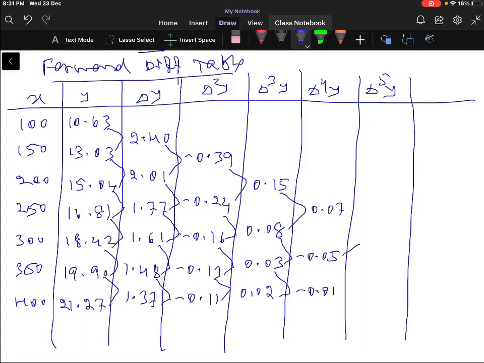Now we have the fifth forward differences. Minus 0.05 minus of minus 0.07, so that is 0.02. Minus 0.01 minus of minus 0.05, so that is 0.04.